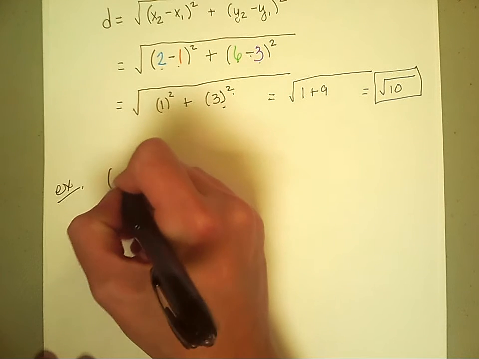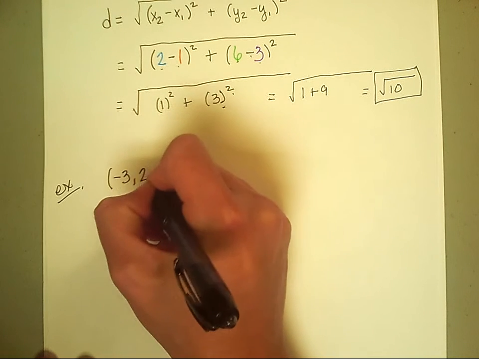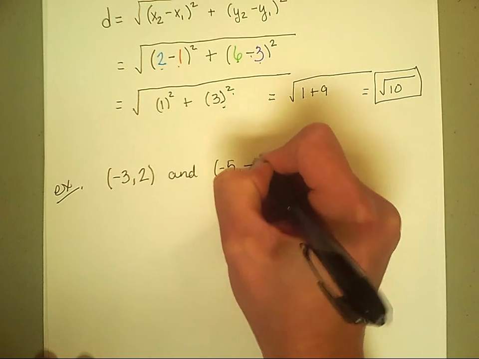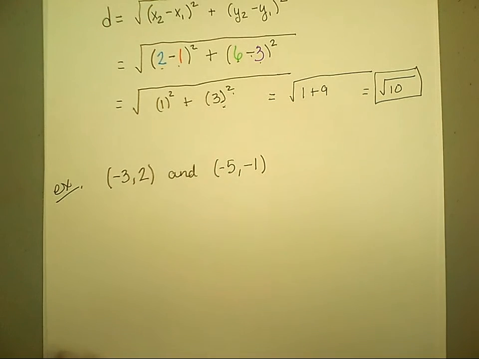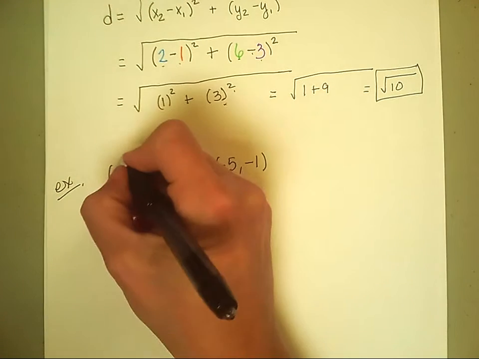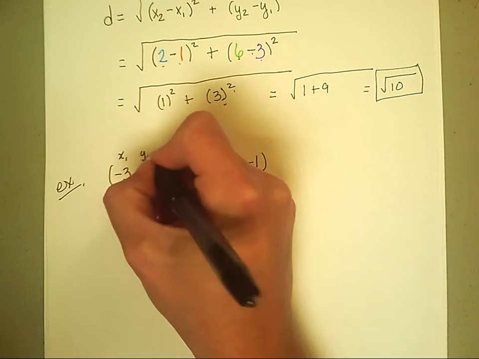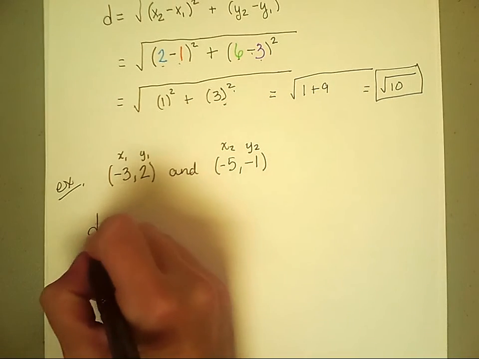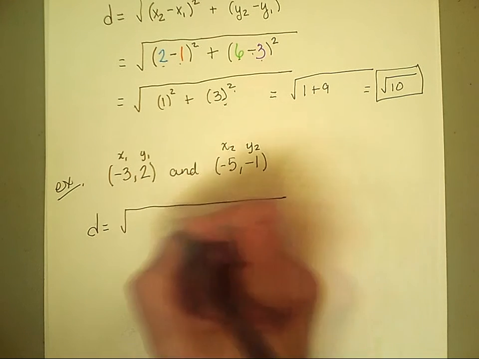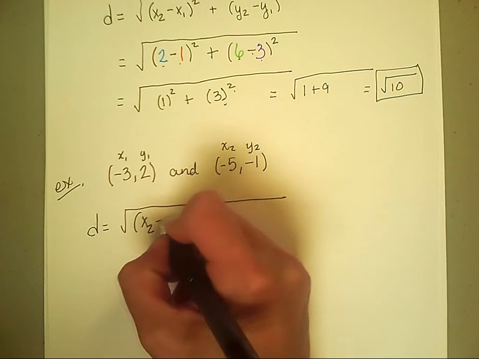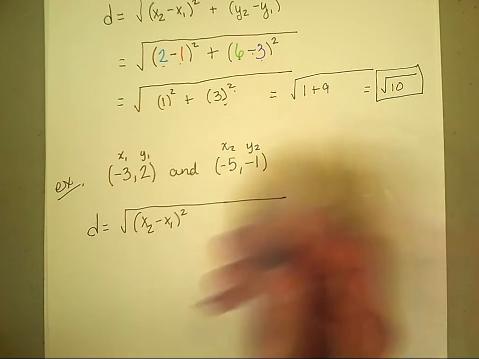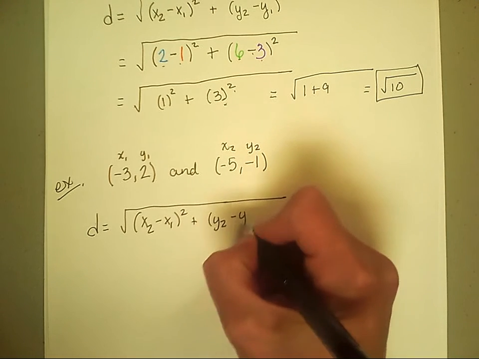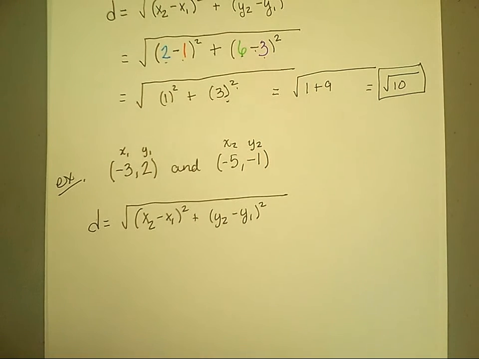Now, here we're going to have to be careful. Let's look at the next example: (-3, 2) and (-5, -1). So we're going to have to be careful with our negatives here. Again, let's label them x1, y1, and x2, y2. Then we know distance is equal to the square root of (x2 minus x1) squared plus (y2 minus y1) squared.